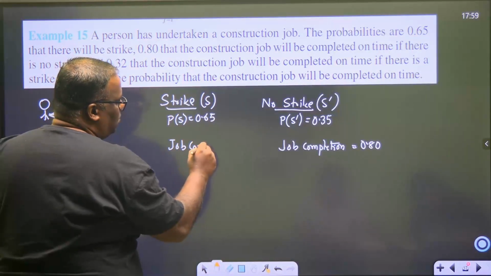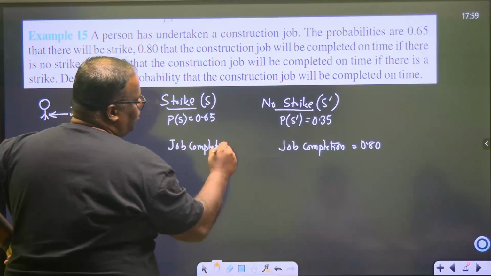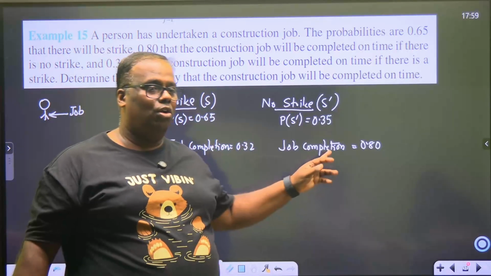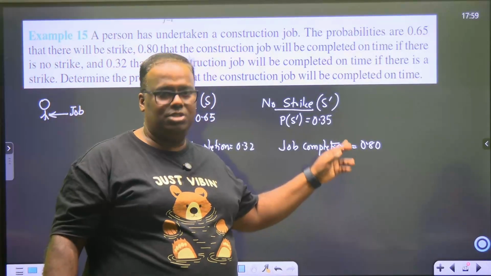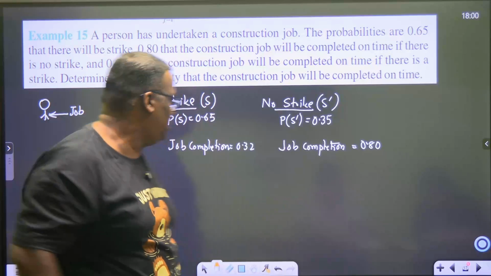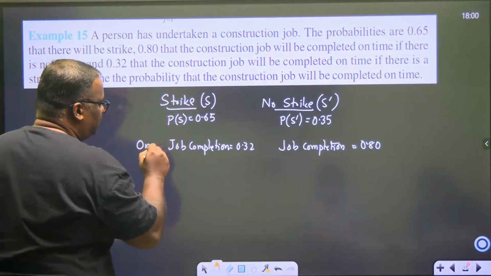Now, don't just go by figures. Apply your common sense also. If there is no strike, the probability of completion of the job is always higher. And these both are on-time completion, so you should write on time.